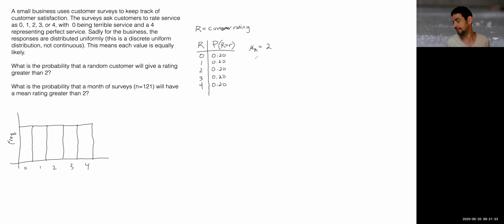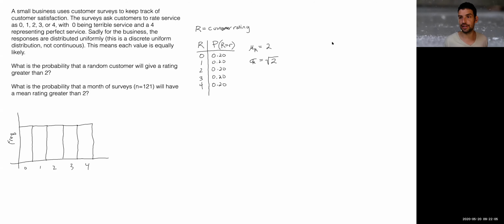And this one's less easy to see, so I'm just going to give the result. But we've seen a way to compute the standard deviation for a distribution. You take each of these values, subtract the mean from it, and square it, and then multiply it by its probability, and then add all those up. And that gives us our standard deviation. So here's the mean and the standard deviation for this variable.